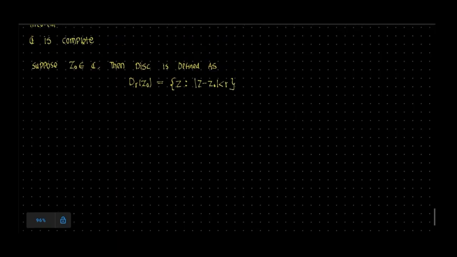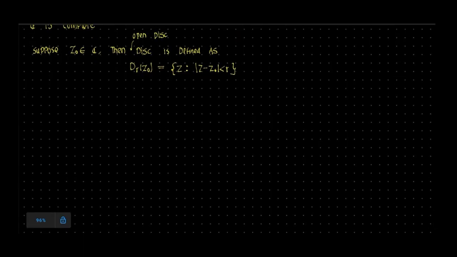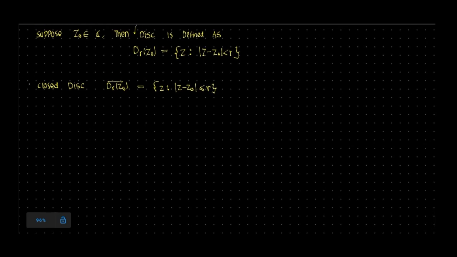So this is what we mean by an open disk, and by a closed disk we just include the boundary points. So yeah, this is what we mean by the disks.